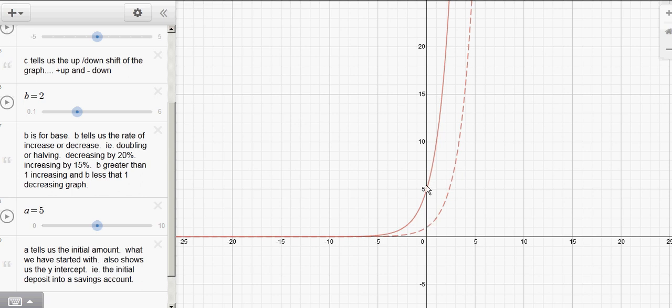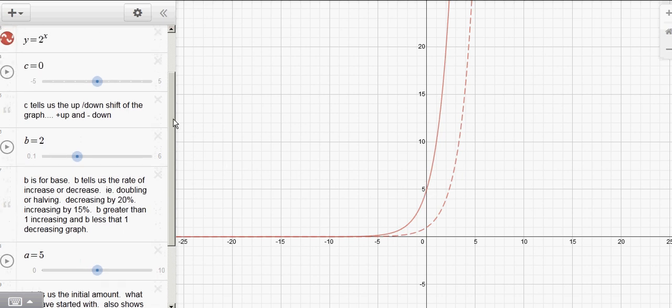The solid line here is 5 times 2 to the power of x, so 5 times as much. So here I'm increasing, going up from 1 to 2, from 2 to 4, I'm doubling. Here I'm also going to double, but it starts and takes bigger steps, but each time it's still a double. From 5 to 10, from 10 to 20, from 20 to 40. So here I'm still doubling, the rate's still the same, I'm just starting off at a different point.